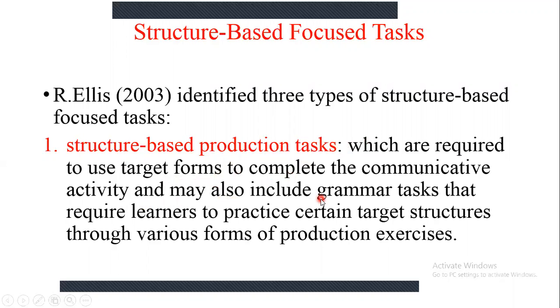For example, learners practice the present perfect. In this kind of task, there is present perfect, and students practice through the various forms of production exercises.